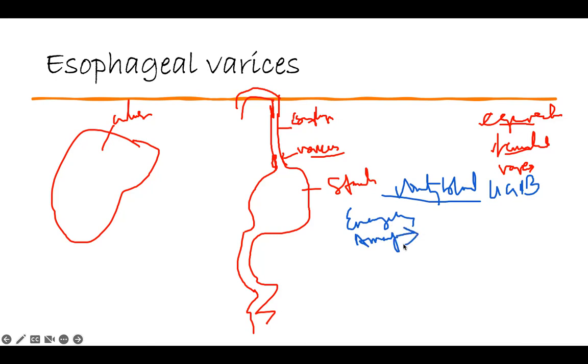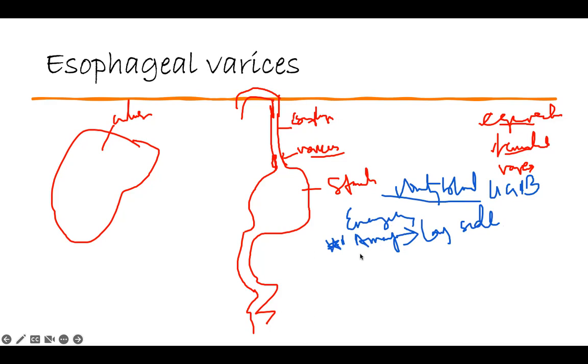So for any patient with a GI bleed due to varices, the first thing you do is airway protection. And how do you do that? You lay them on their side, so that as they vomit, they don't aspirate.